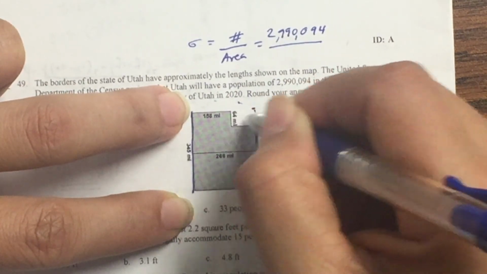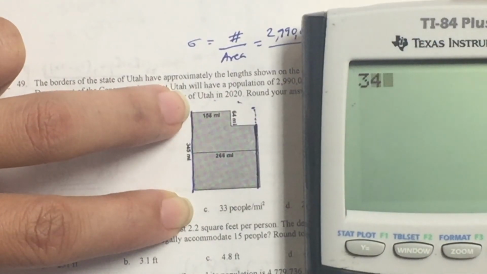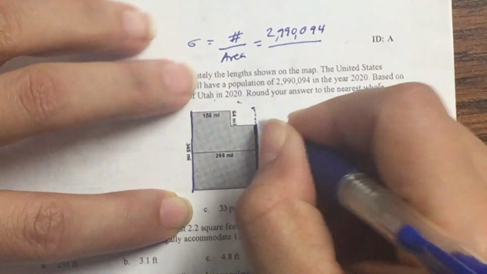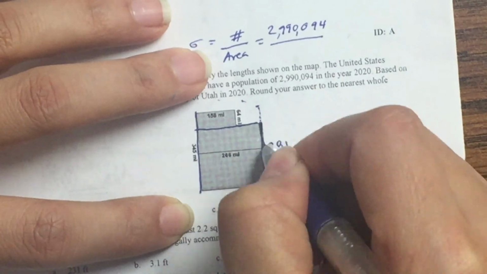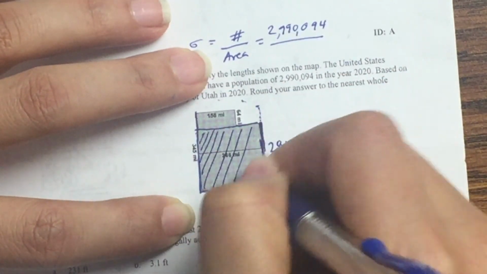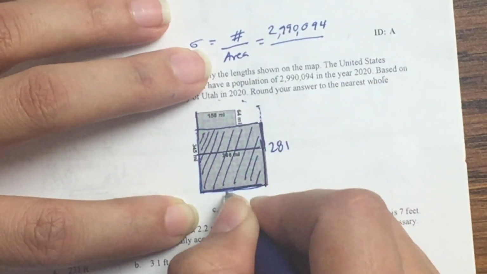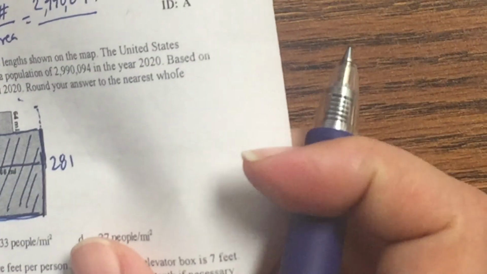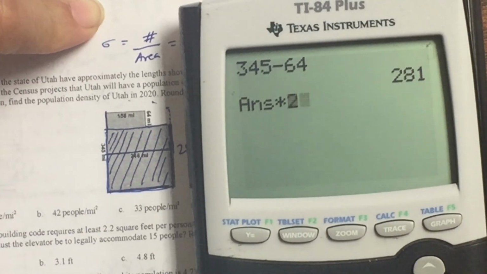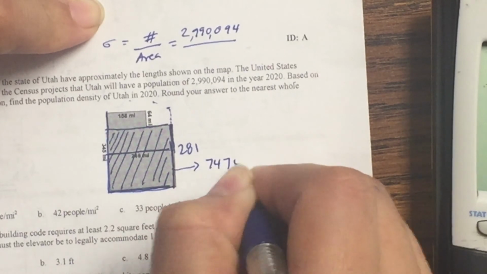So 345 minus the missing piece, the 64, equals 281. So this whole thing is 281. And if I find the area of that, it would be 281 times this, which is the same as this, and I think that says 266. So 281 times 266. So that area there is 74746.